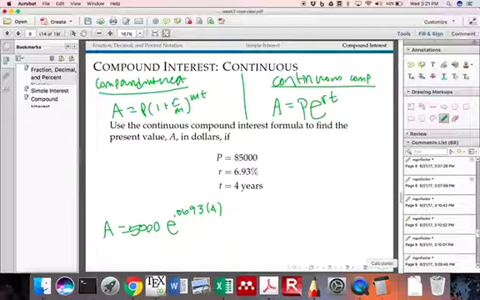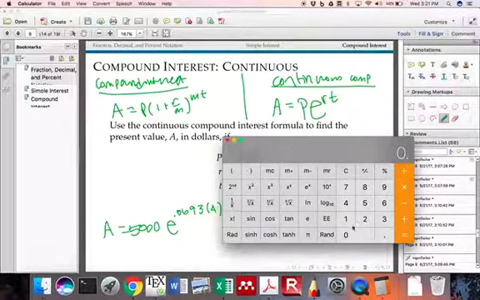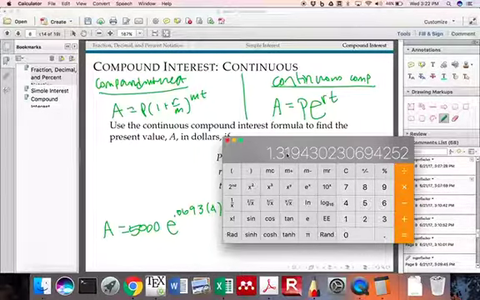So here's how you work this out. We're going to take 0.0693 times 4, enter, then e to the, and now that's e to the 0.0693 times 4, times 5,000.